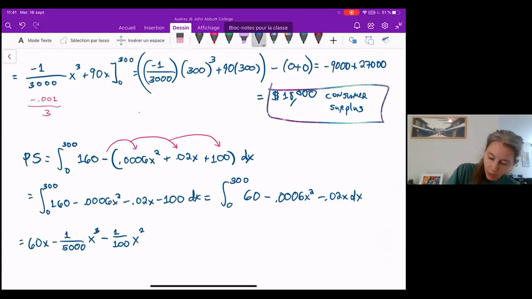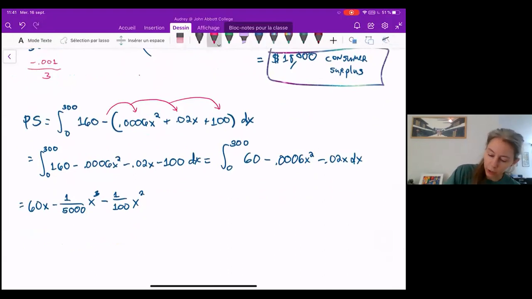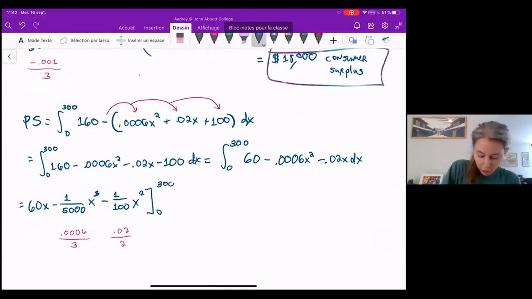So again, just so that you can make sure that you understand where these are coming from, this is 0.0006 over 3, which you can plug into your calculator to see it gives you that 1 over 5,000. And this is 0.02 over 2. Now I'm evaluating between 0 and 300.